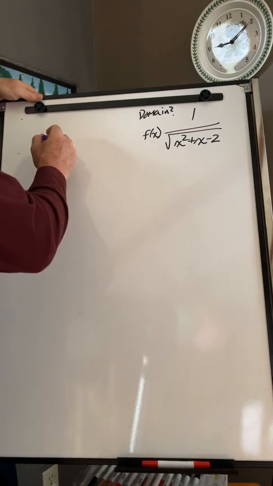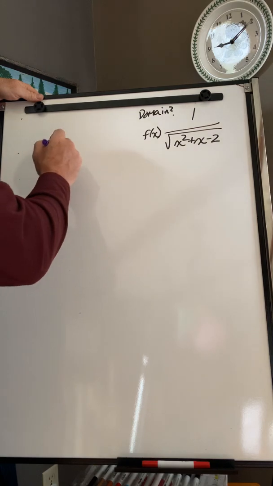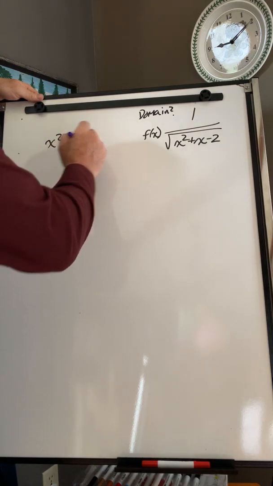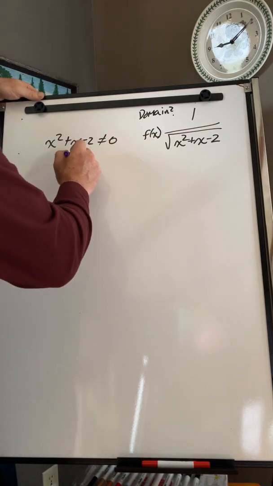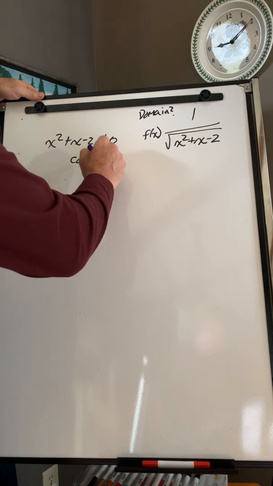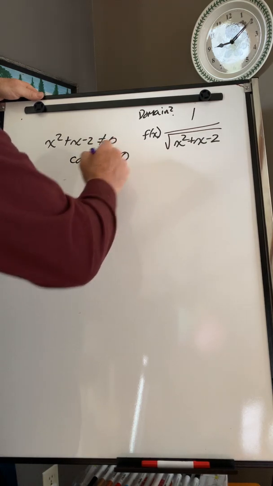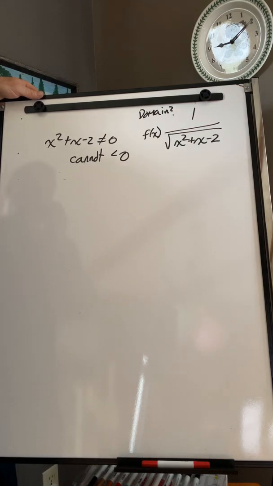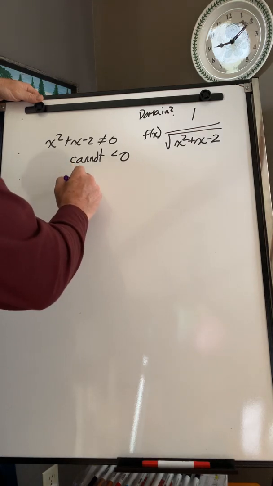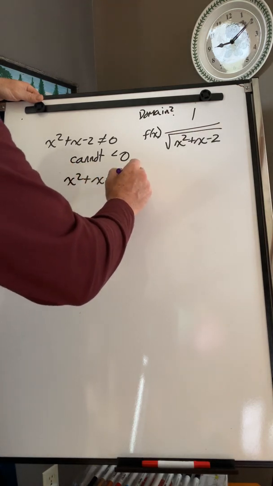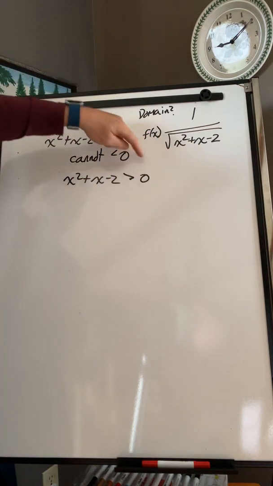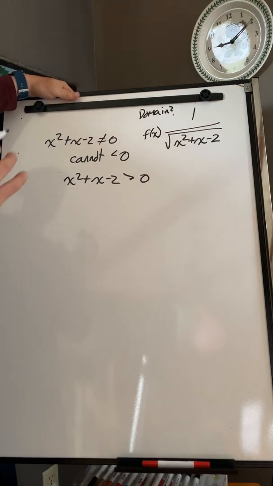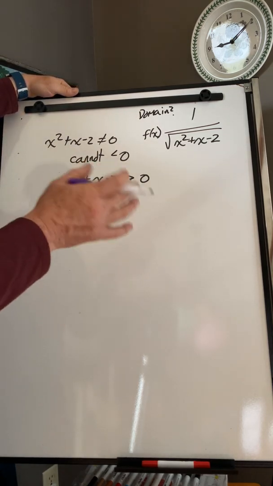So what do we know? x² + x - 2 cannot equal 0, but it also cannot be less than 0. So x² + x - 2 has to be greater than 0, because it's the denominator and I can't have a negative under the radical. So that gets rid of the greater than or equal to because of the denominator being 0.